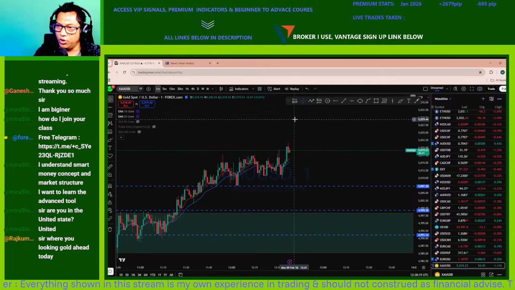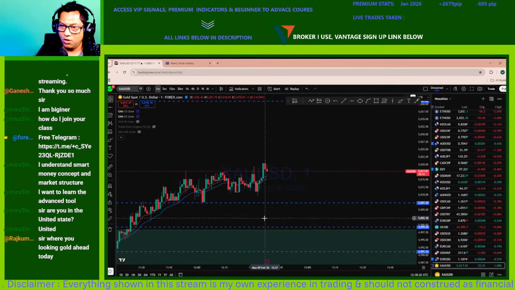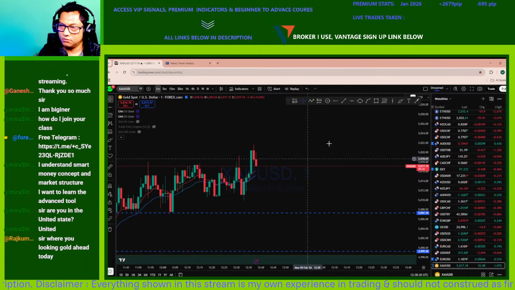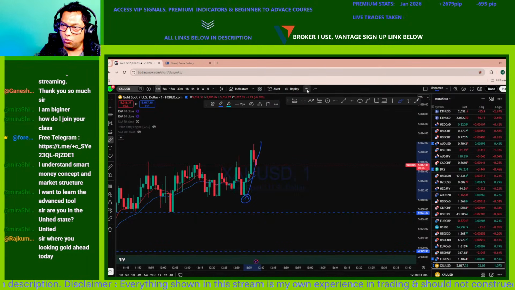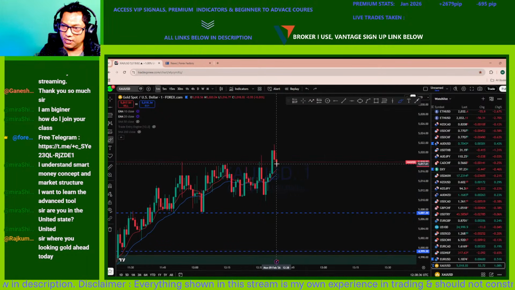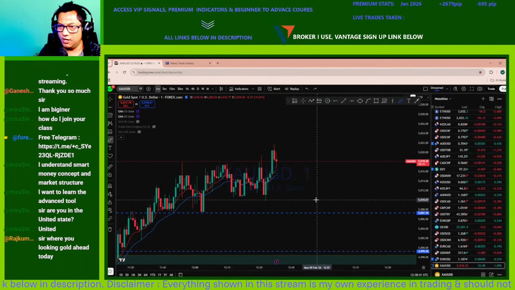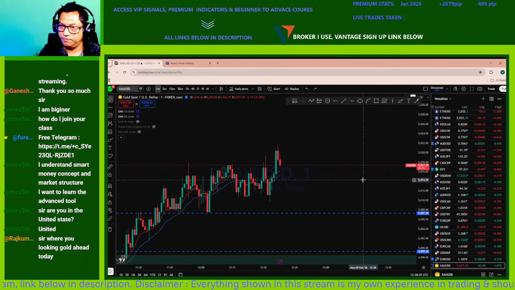Okay, so we are looking at the market here, which has significantly broken above this support level. This is one single move to the upside, and I'm expecting the market to trend down further, back below. This is what we are looking at here at the moment.